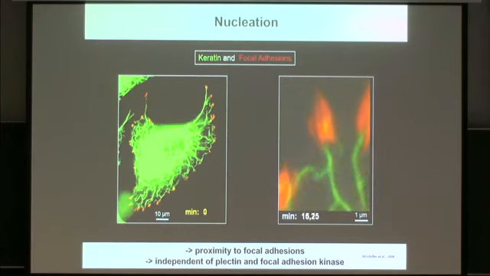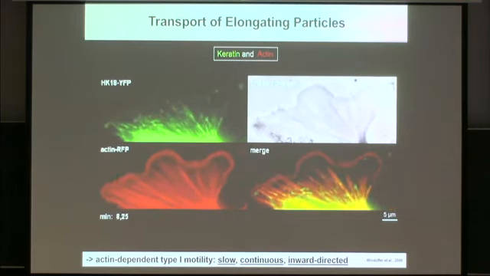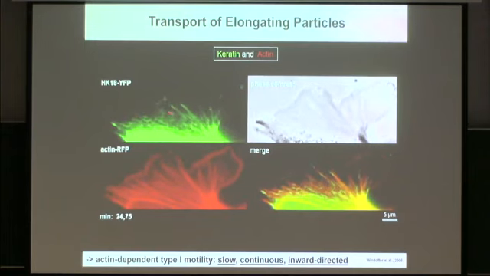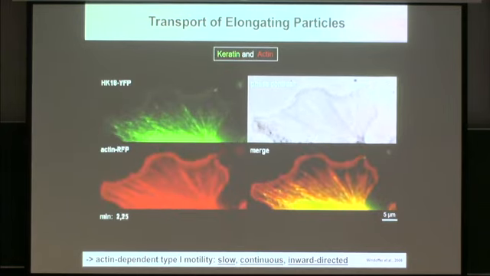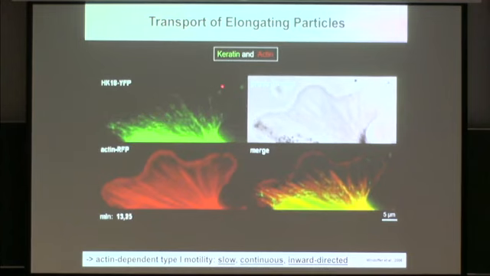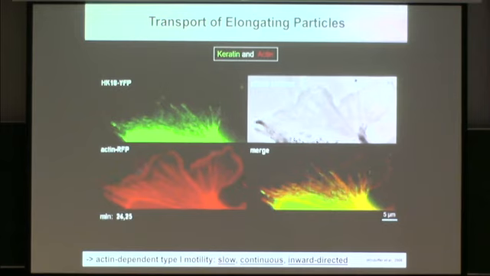Okay, maybe it will become a bit clear in the next few movies. So we're wondering about what drives these particles here. And here you have a double labeling with, again, the keratins with the actin stress fibers, and you see that these particles in most parts are transported along these actin filaments in a comparatively slow, continuous, inward-directed motion.